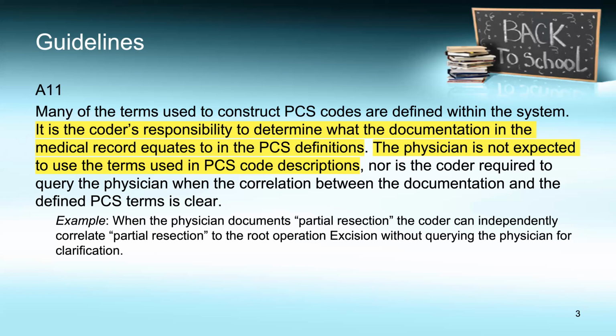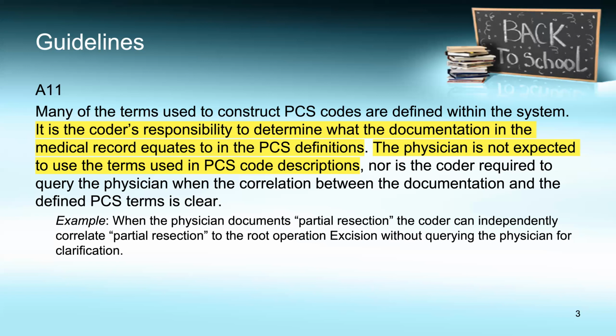So that's what I just stated a moment ago, where whatever terminology is documented, you have to look at the context of it and determine how that equates to PCS terminology. So as a coder, you are going to be doing that translation. And the example given here in the guidelines is when the physician documents, quote, partial resection, then the coder can independently correlate partial resection to the root operation excision, because excision is removing a portion of a body part.